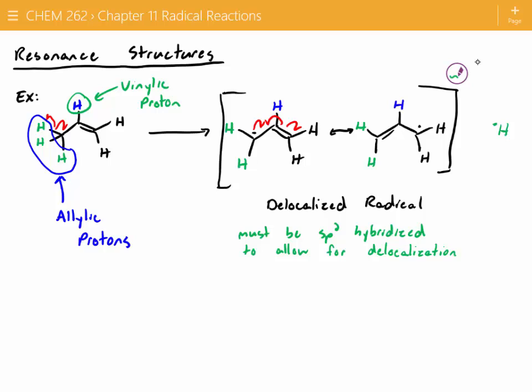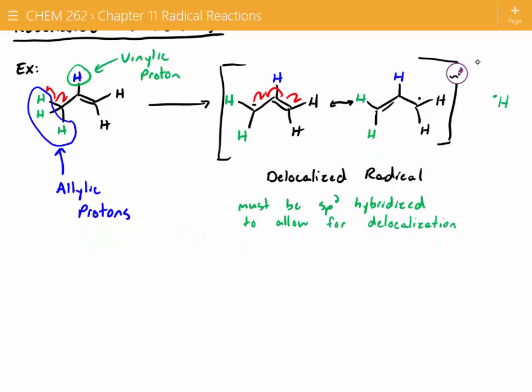Vinylic protons don't like to undergo radical cleavage because they don't have any resonance stabilization. So in this case, we're primarily concerned with the allylic protons and forming allylic radicals because they're extraordinarily stable.